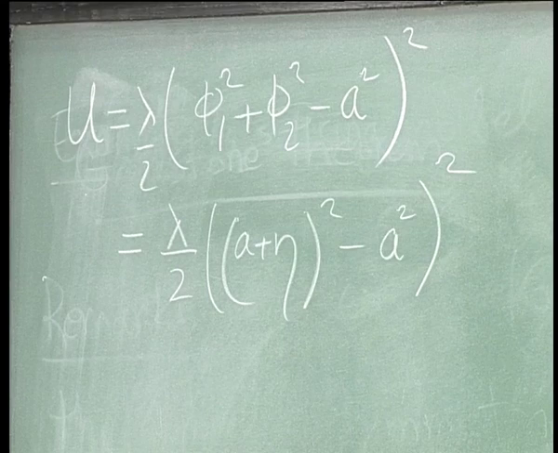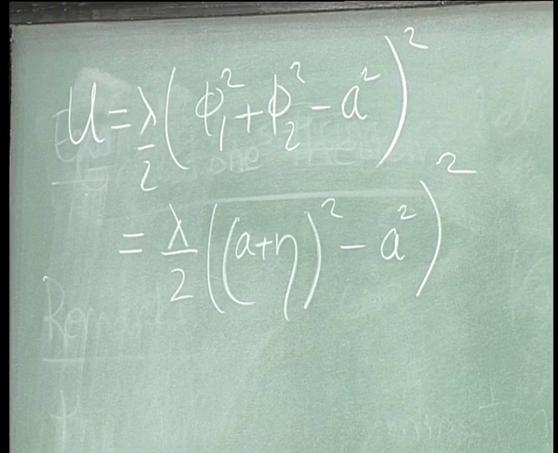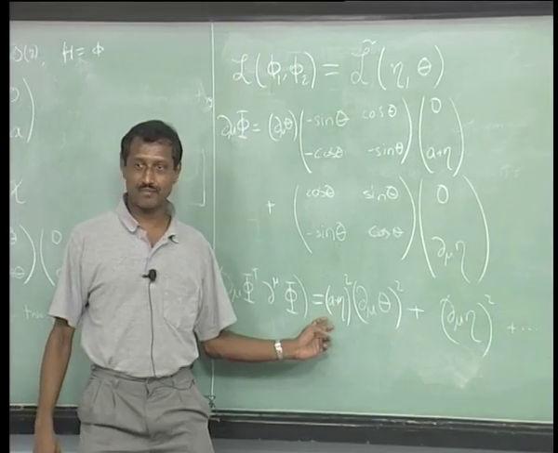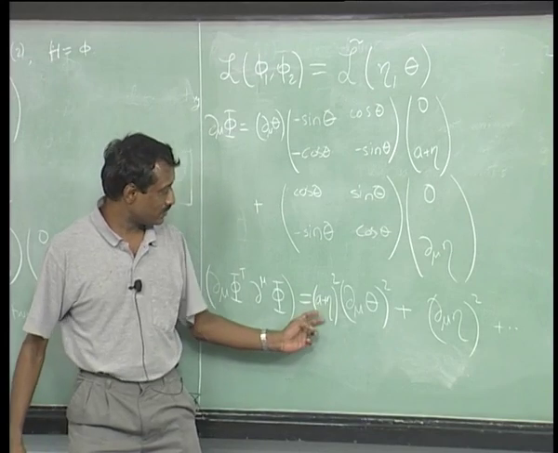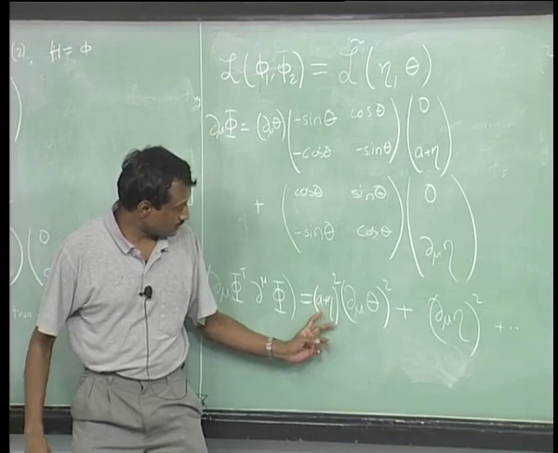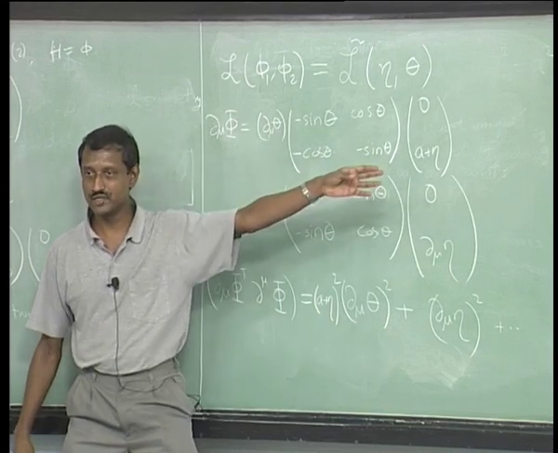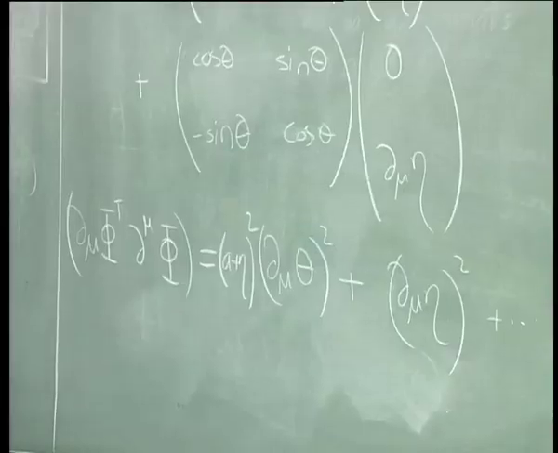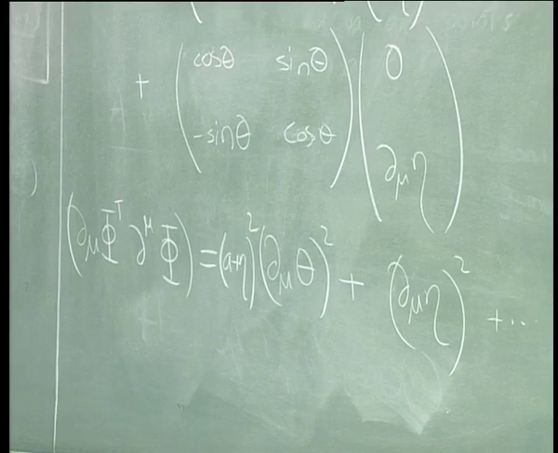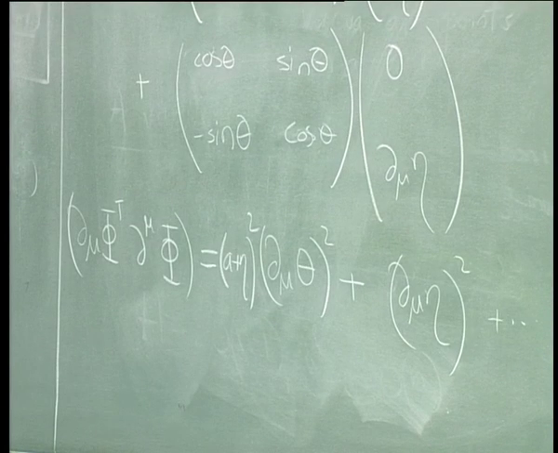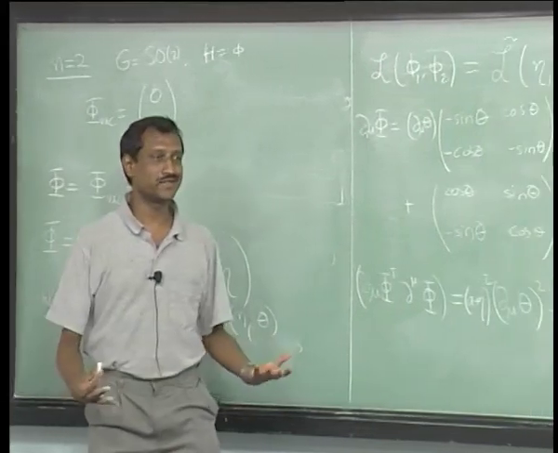Okay. So, now let us look at this thing. This thing has a kinetic energy term for theta, but there is no potential energy for theta, it is completely flat. Okay. So, this is your massless excitation.